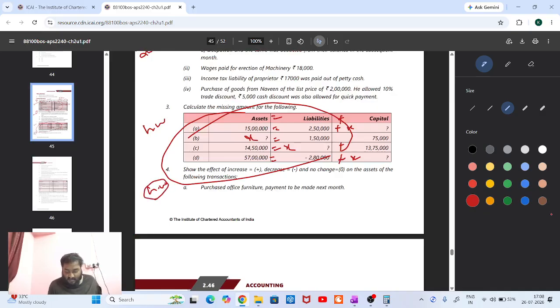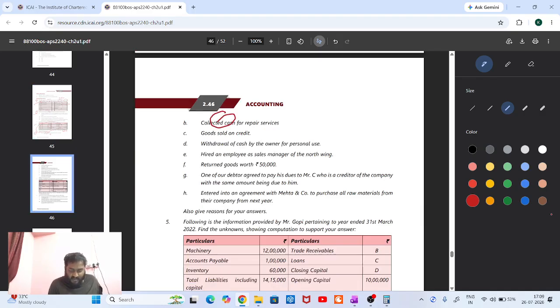What did they ask? They asked whether the assets in the transactions are increasing. Purchased office asset is increasing, collected cash increases, goods sold on credit, debtor increases. Withdrawal of cash by owner for personal use decreases. Hired an employee as sales manager doesn't affect anything.